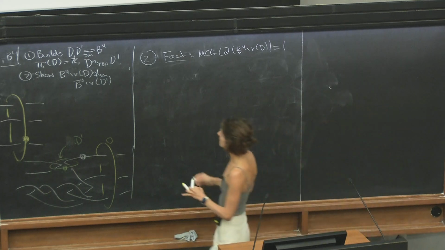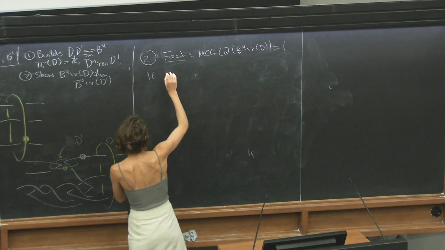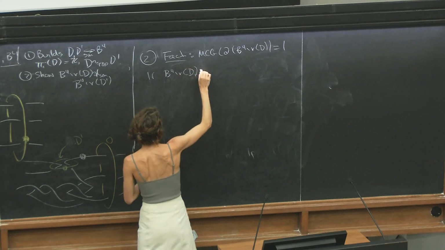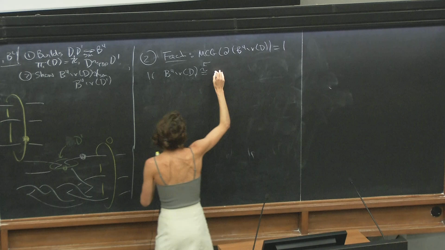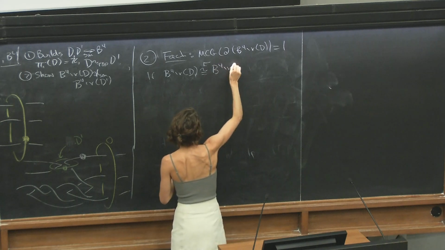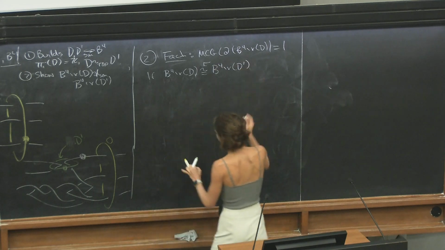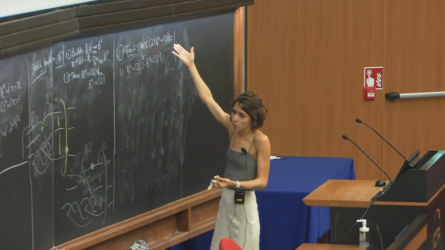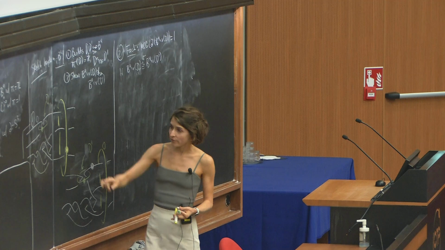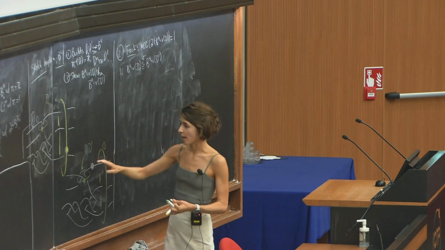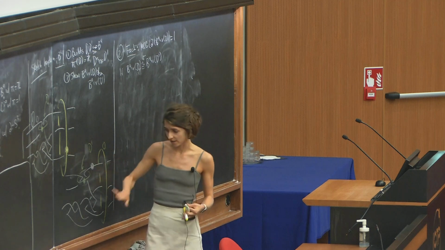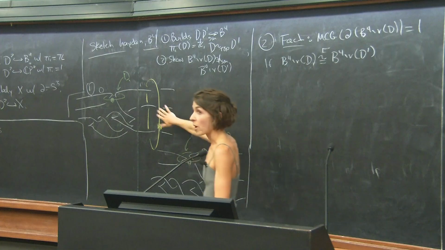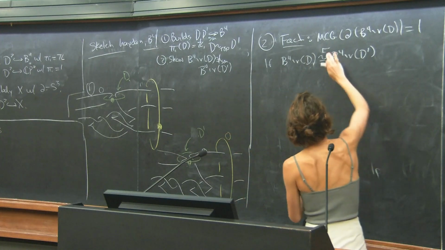So what this tells me is that if I did have a diffeomorphism, it would have to restrict to only this one map on the boundary. And in fact, I can reasonably call this map the identity map, because I have exactly the same surgery diagram of these two boundaries.